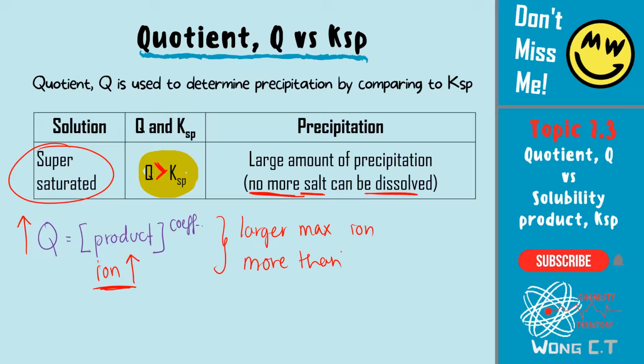When it's already more than what you can have, therefore, no salt can be dissolved anymore. Alright? And that also means you are going to have a large amount of precipitate occur because it's a supersaturated solution. So, we only have three conditions: when the Q is equal to Ksp, when the Q is less than the Ksp, or when the Q is more than the Ksp. Alright?